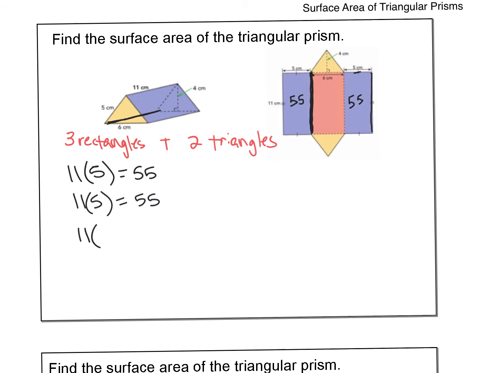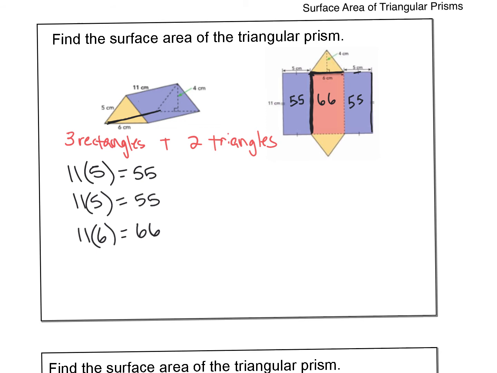So it's going to be 11, but then its width is 6. All right, so this one is 11 times 6, which is 66 centimeters. All right, so we found the area of our 3 rectangles. So now we need to find the area of our 2 triangles.